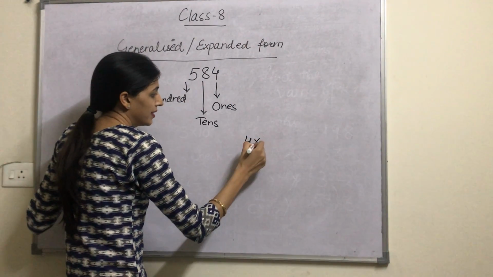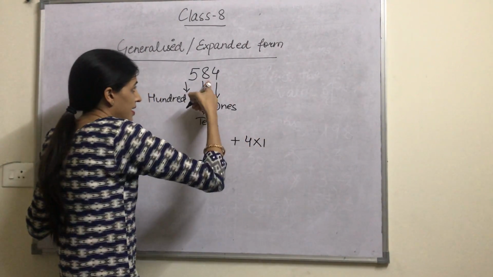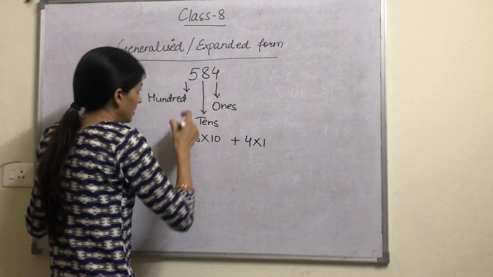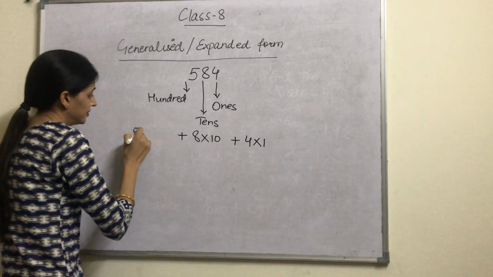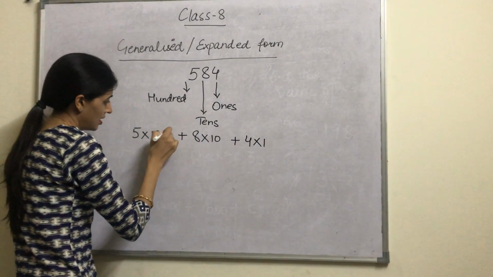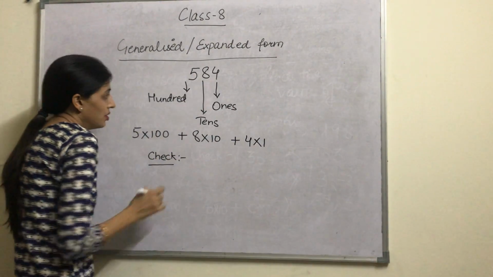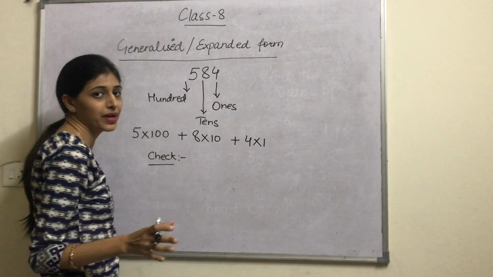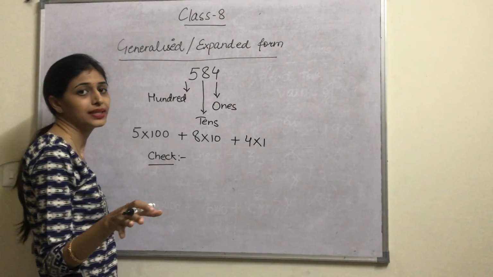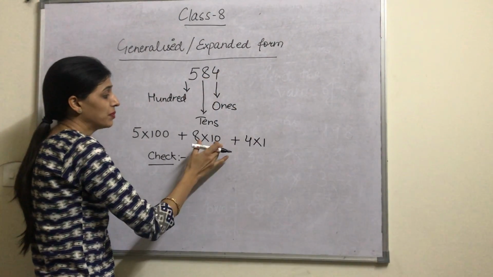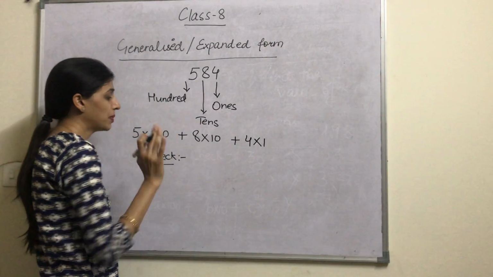Multiply 4 with 1, 8 with 10, 5 with 100. Whatever number is at which place, you have to multiply only with that place value. If it is at ones place, 1. At tens place, multiply with 10. At hundred place, multiply with 100.